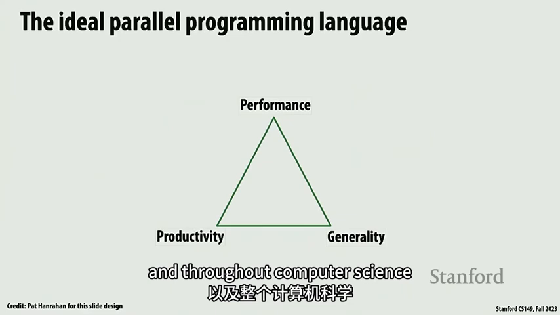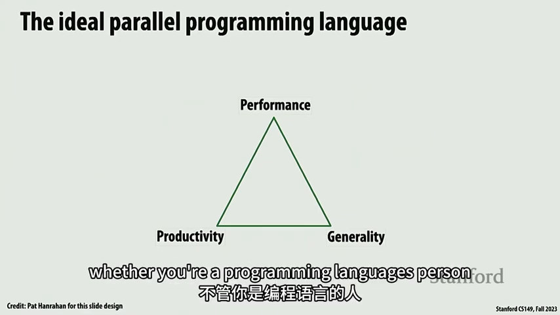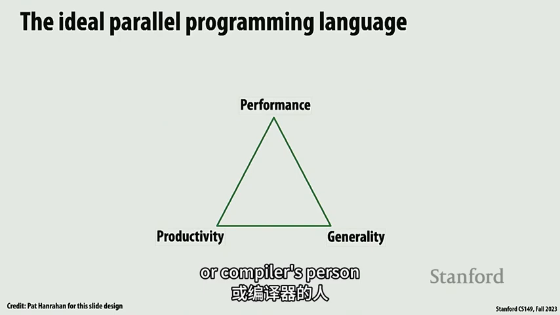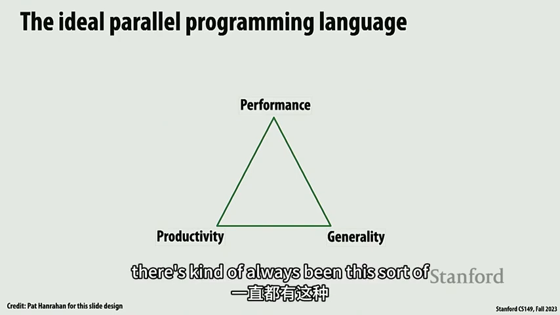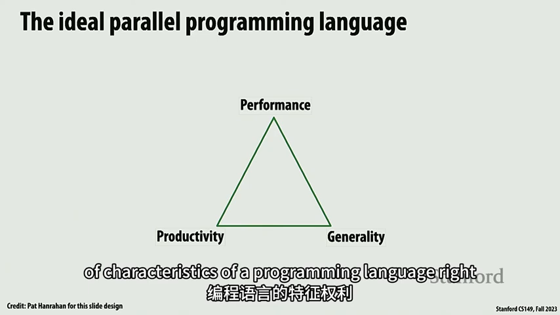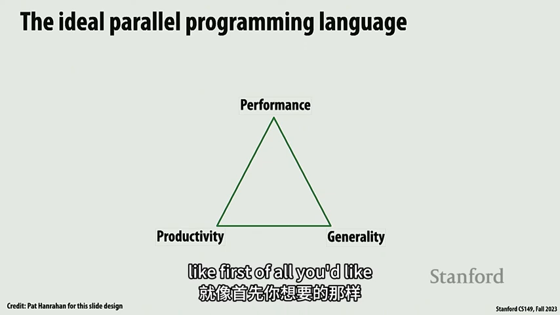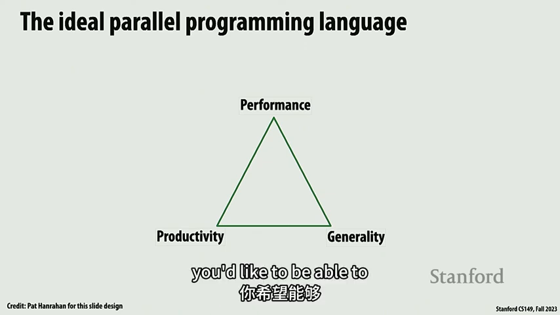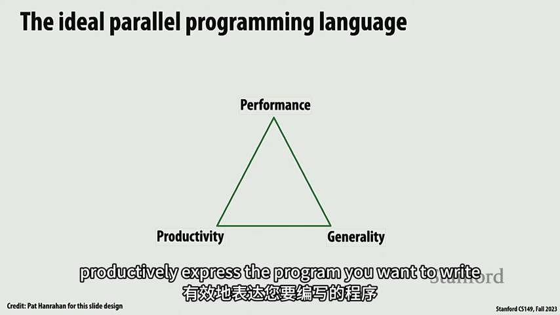And throughout computer science, whether you're a systems person, whether you're a programming languages person or compilers person, there's kind of always been this sort of holy grail, or this unicorn of characteristics of a programming language, right? Like, first of all, you'd like to be able to just productively express the program you want to write.